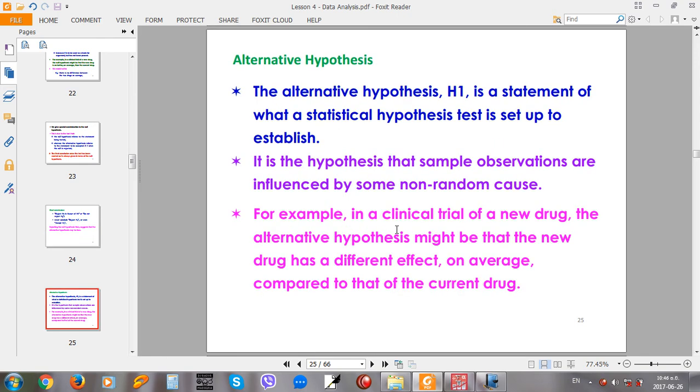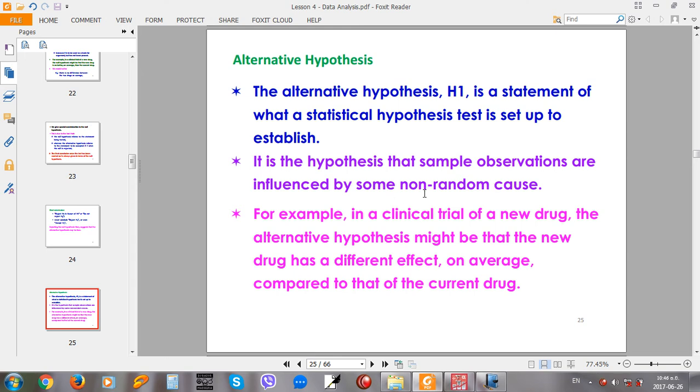Now, the alternative hypothesis, normally denoted as H1, is a statement of what the statistical hypothesis test is set up to establish. It is the hypothesis that sample observations are influenced by some non-random cause.